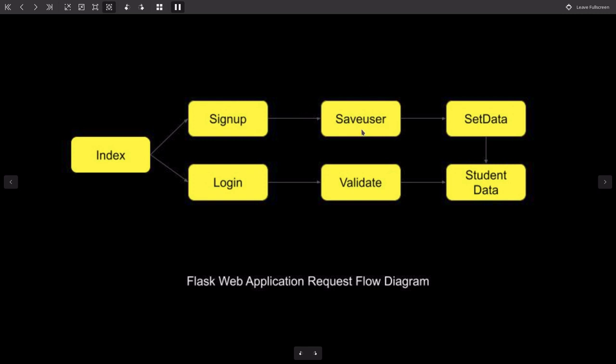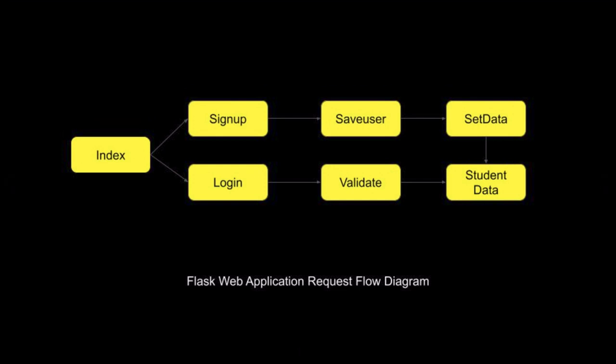Once the user's details are saved, he'll be directed to the set data page or context, wherein he will be allowed to save his details into the portal. Once that is done, he will be routed to take a view at his details.